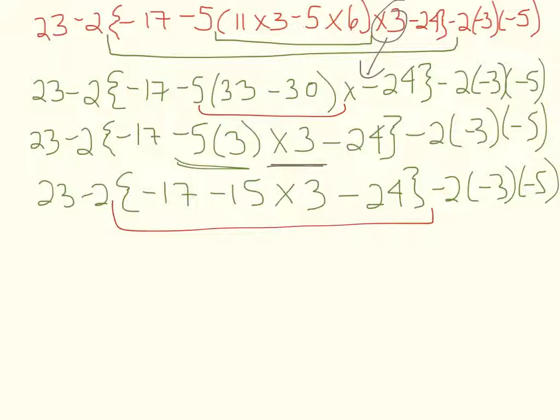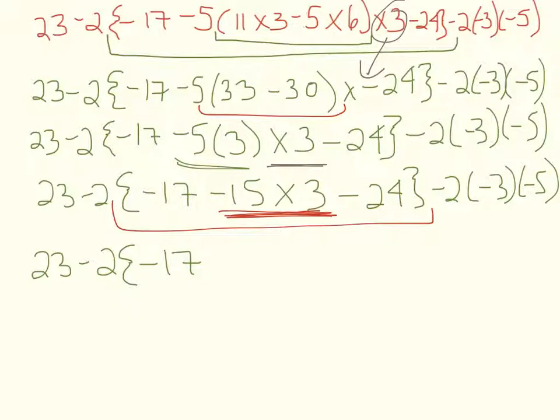Okay? So when we look at this inner bracket and we're going to solve for this, you have a negative 17 and you have a negative 15, but it's multiplied by 3. So again, even though there is not brackets within brackets, we've gotten rid of those, the BEDMAS rules still apply. We must get rid of the multiplication before we do the adding and subtracting.